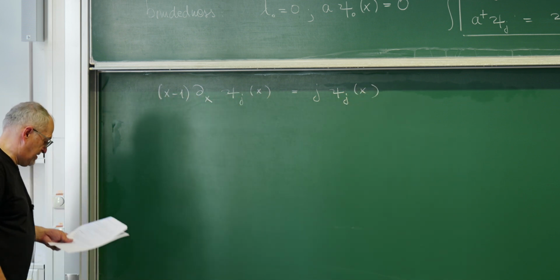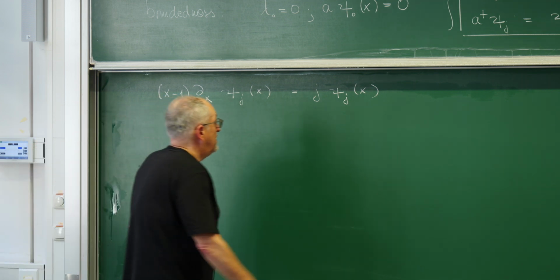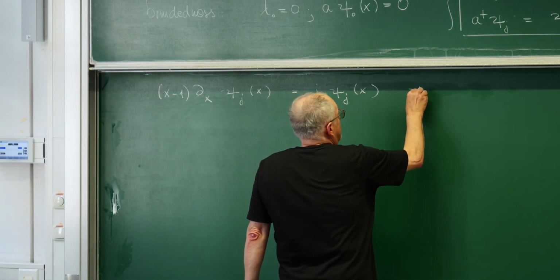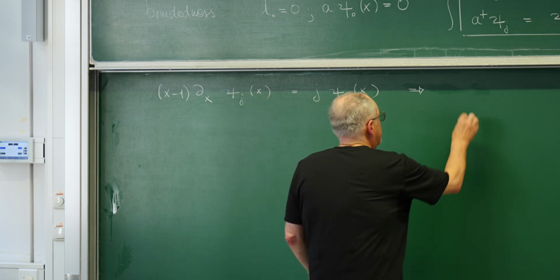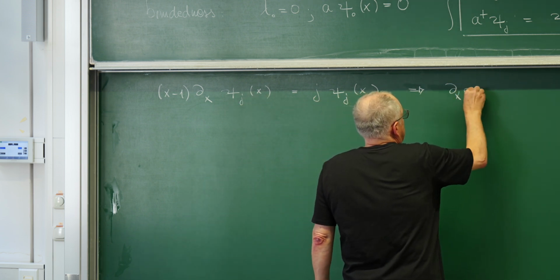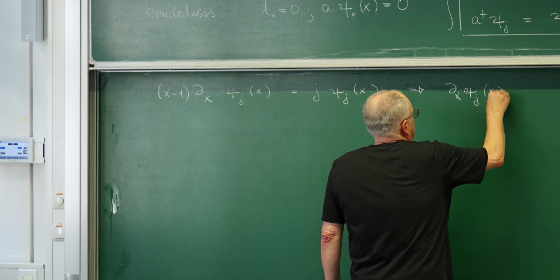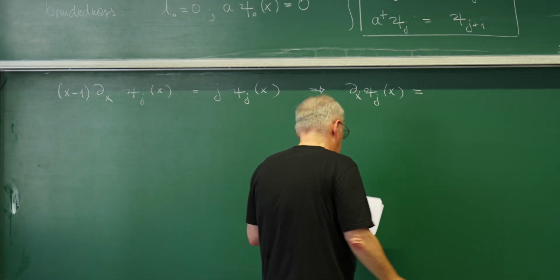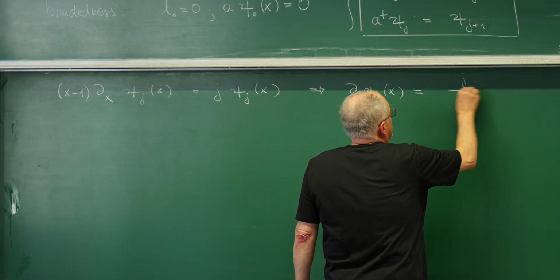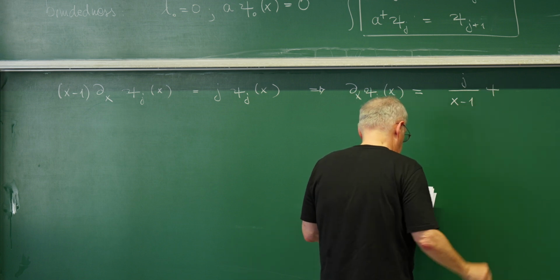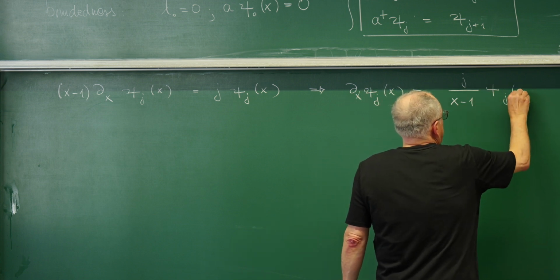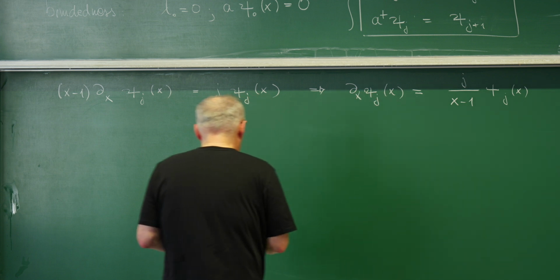That's what we have, right? This is the eigenvector equation. Well, I can just write this as d/dx psi_j(x) equals j divided by (x minus 1) times psi_j(x).